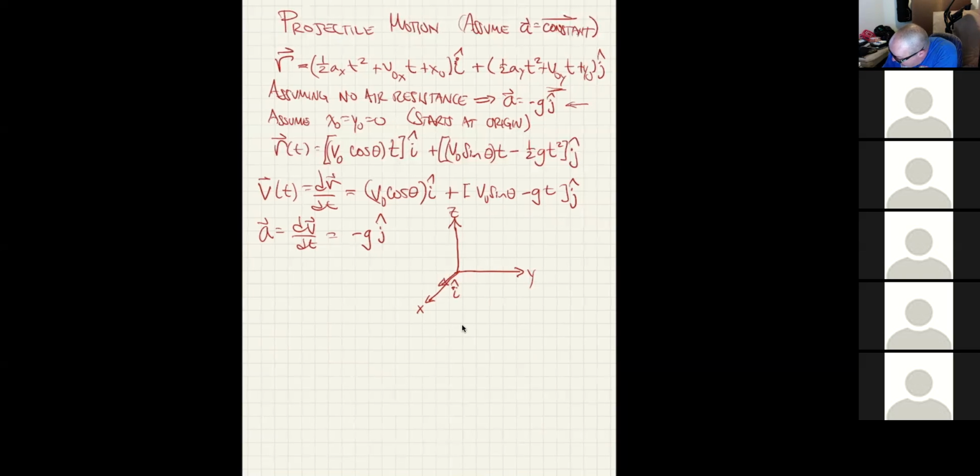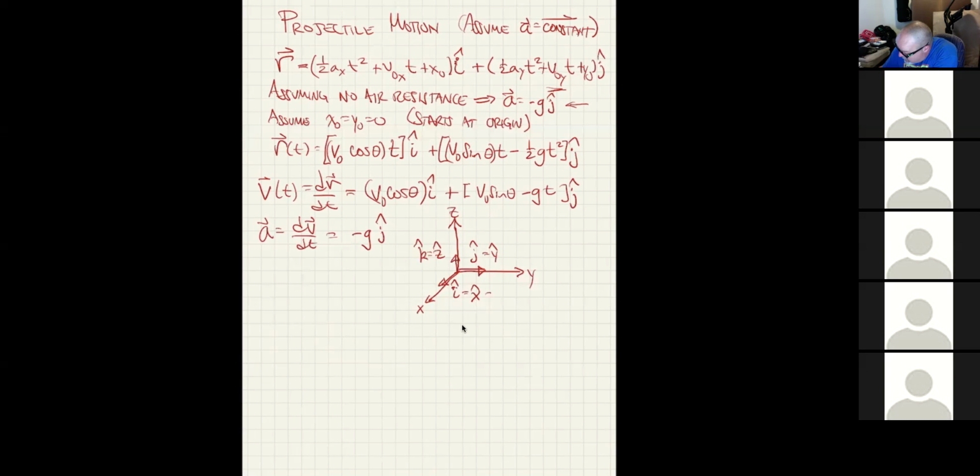It's also called in some books x hat. So you can do that if that makes it less confusing for you. A unit vector in the y direction is called j hat, and that can also be called y hat. And then a unit vector in the z direction is called k hat, which can also be called z hat.